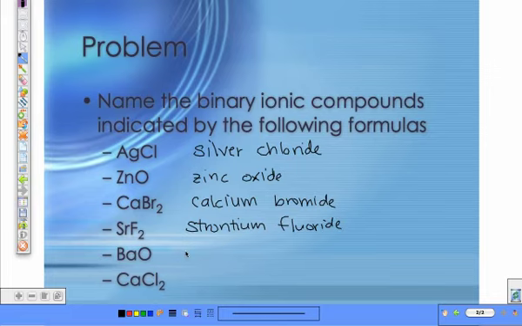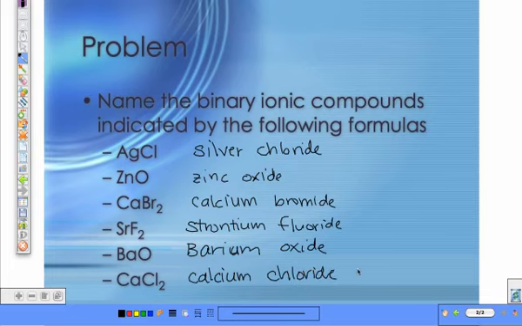This one? Number 56. Barium oxide. And the last one? Calcium chloride.